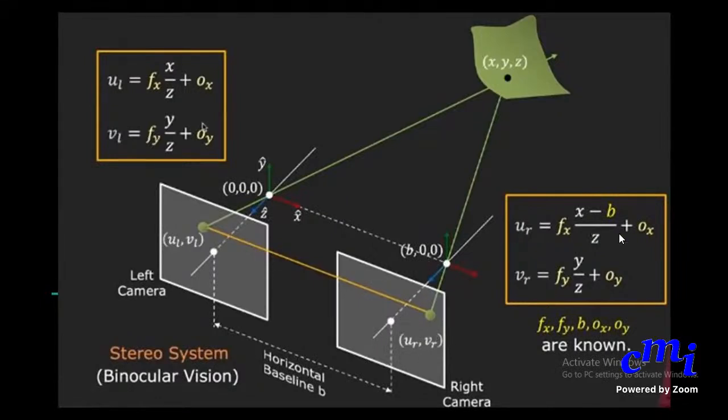The right camera is displaced by B in the x direction only, so it would be x minus B. This is the only difference in the two equations, and using this we can easily estimate x, y, z. So we easily know the 3D world coordinates using simple binocular stereo vision. This is the basic stereo used for estimating depth, disparity or depth.